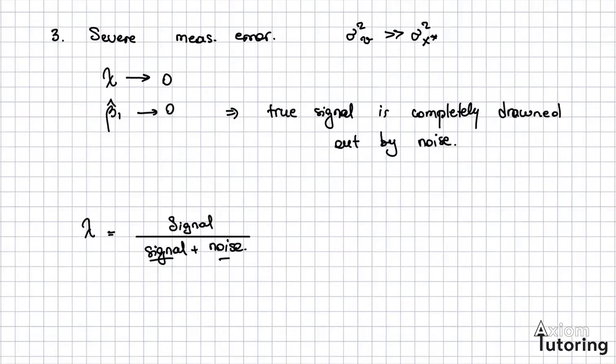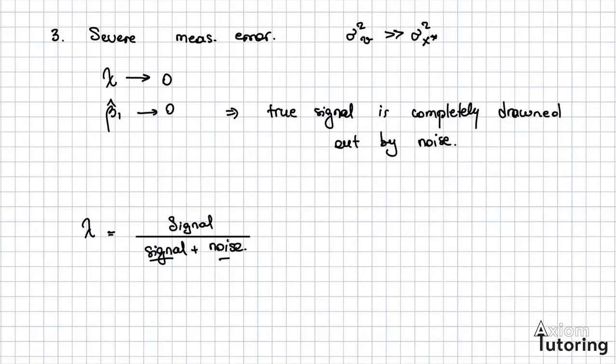And the more noise relative to signal, the more attenuation you'll have. So attenuation bias is fundamentally a signal to noise problem. If your measurement is precise, your sigma square V is small and your lambda is close to 1, meaning your bias is small. But in the opposite case, where your measurement is imprecise, your lambda is closer to 0 and the bias is severe, okay?